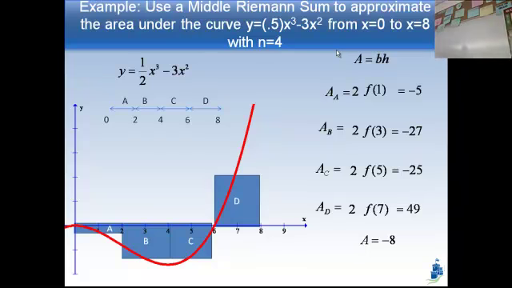Oh, okay. What do you do? Eight. How many subintervals are on this graph?